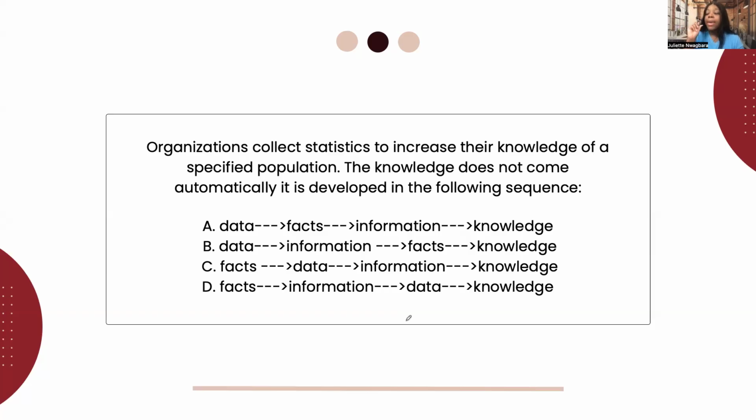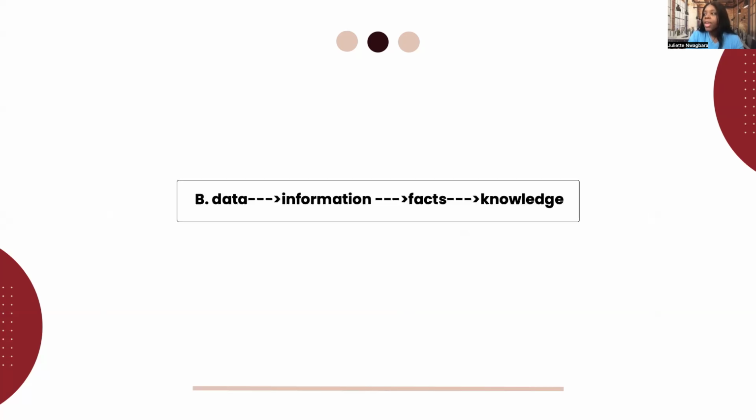This is covered in the textbook, in the stats section of your textbook. And so the answer that you should get is B, okay? So data, which is just the individual numbers, just a random number like 5, right? You'll then add more information to it. Maybe now it becomes 5 milliliters.